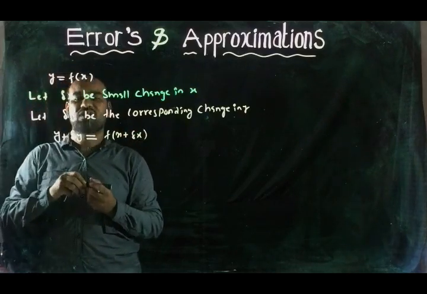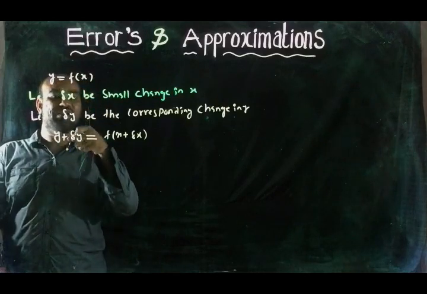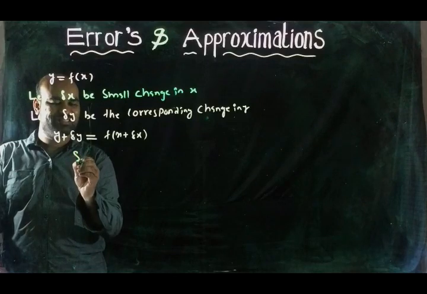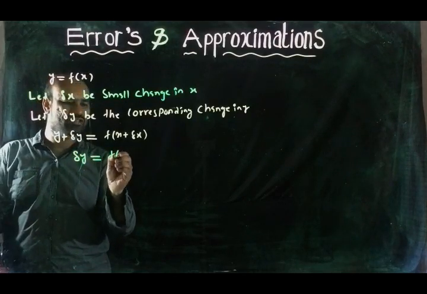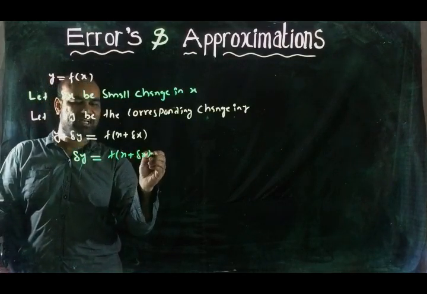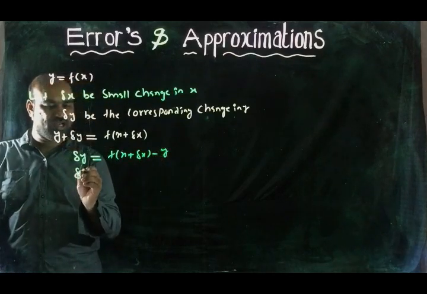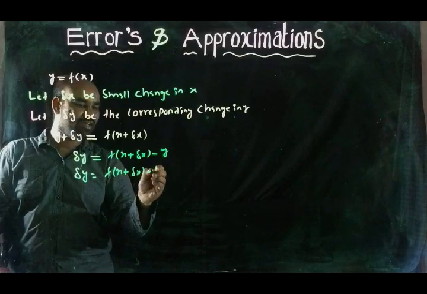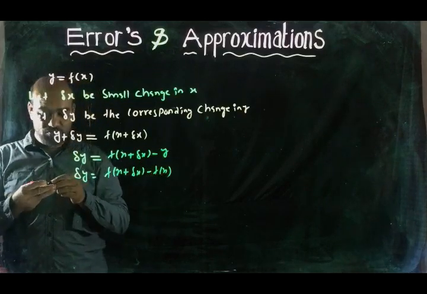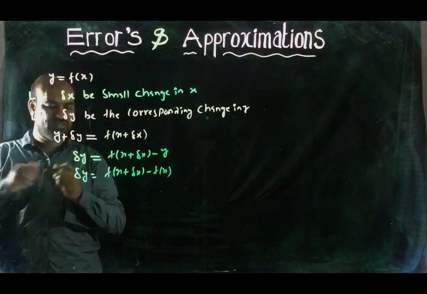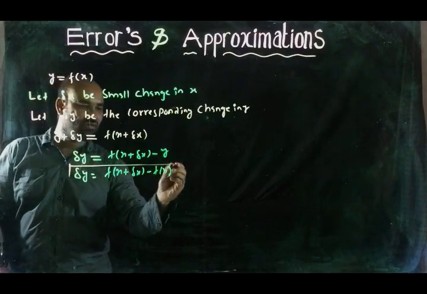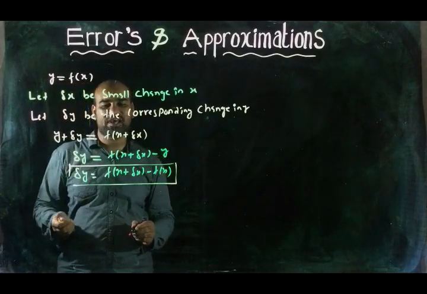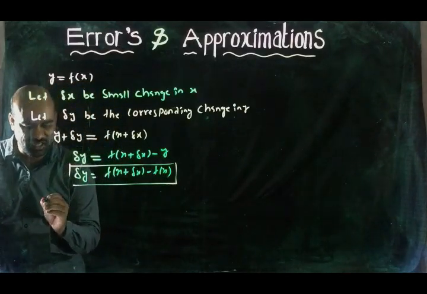So I want to find what change happened in y with respect to the change happened in x. Delta y equals f of x plus delta x minus y, or delta y equals f of x plus delta x minus f of x. By using this, I can find what change happened in y due to the change happened in x. So I can write error in y.